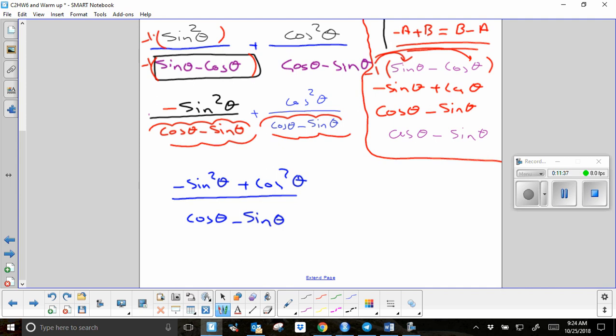Next line, I'm just going to put cosine squared at the beginning and sine squared after that. Well, I think we did a little bit easier this time, didn't we? Just in the beginning, we multiplied those two together, and it made it longer.